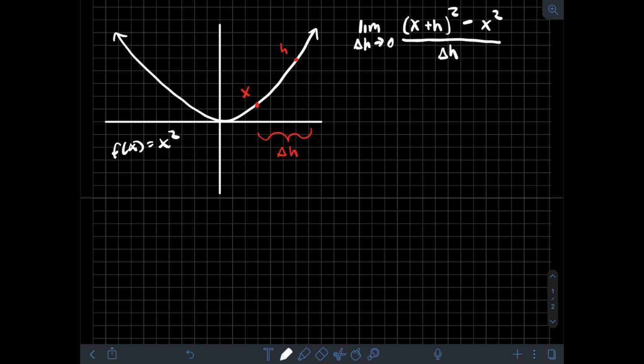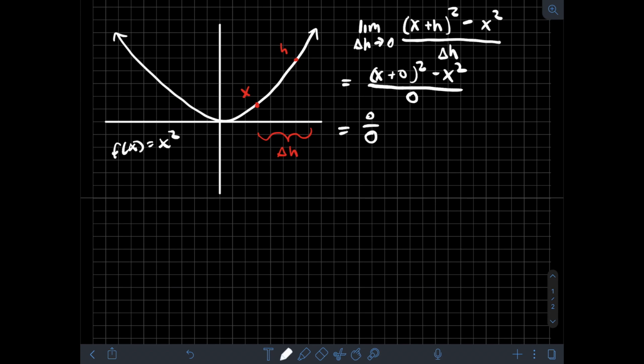Now, if we try to evaluate this and just plug in 0 for delta h, we're going to get a case that we can't really solve. It's going to give us (x plus 0) squared minus x squared over 0, which also equals 0 over 0.